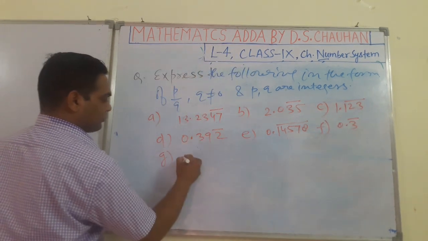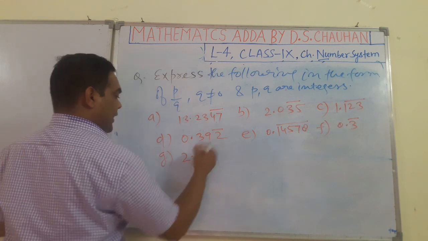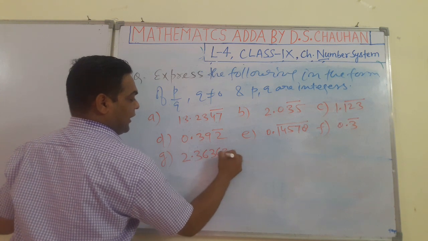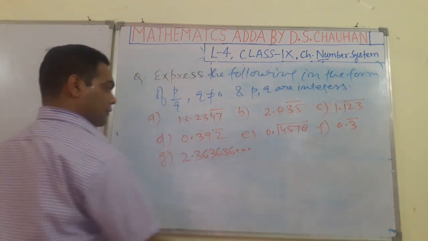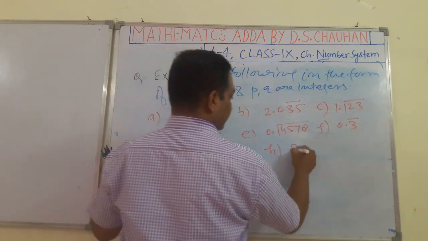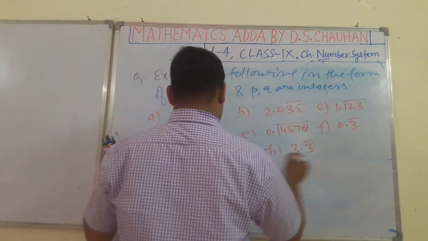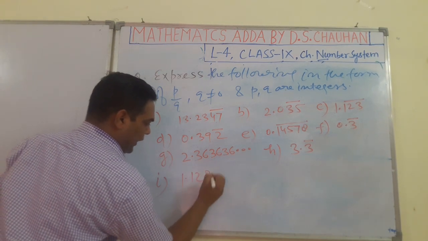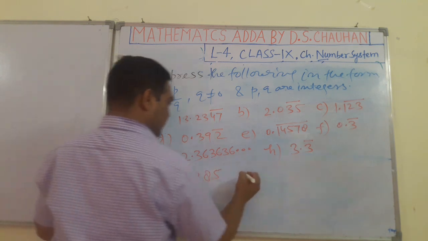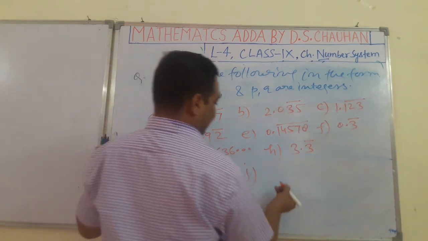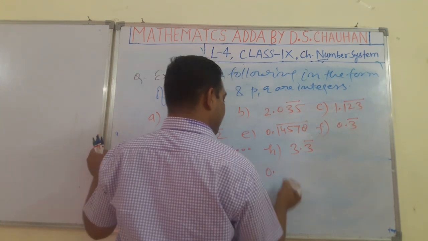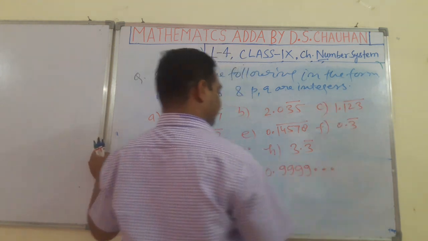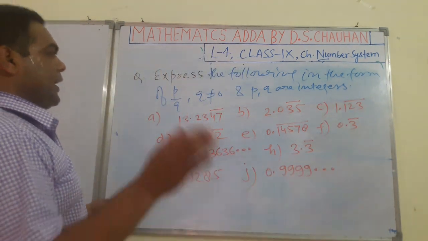This G part, 2.36366 and so on. H, 3.3 bar. I part here, 1.1285, and J, the last one, it is here 0.9999 and so on.